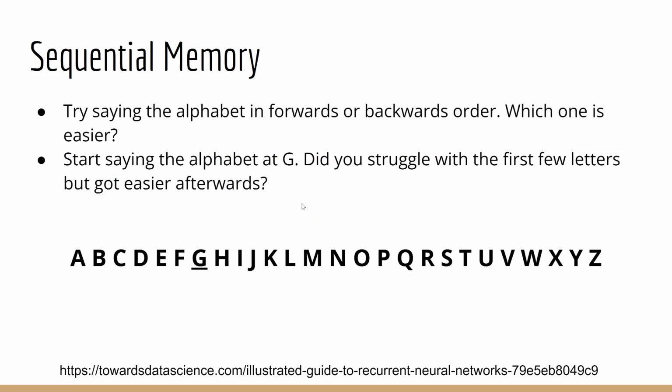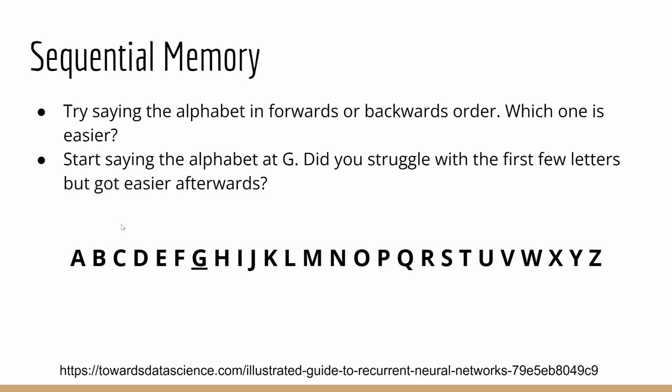First, I was going through different articles to see what would be useful, and I found this article. It mentions a really nice example that gives a good intuition behind how RNN learning works, and basically it involves sequential memory.